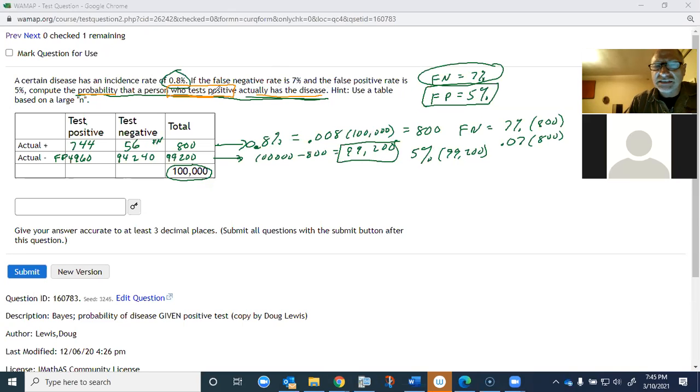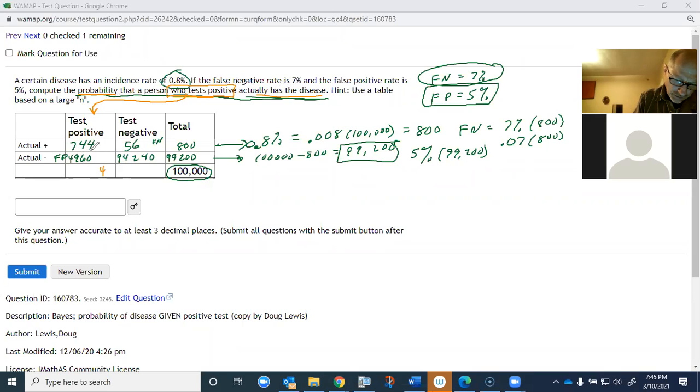And then if they tested positive, do they actually have the disease? So once again, testing positive is the condition that they have to have met. And we're asking, in people in this group, what's the likelihood they really have the disease if they tested positive already? So that means we're going to have to add up the 744 and 4,960.